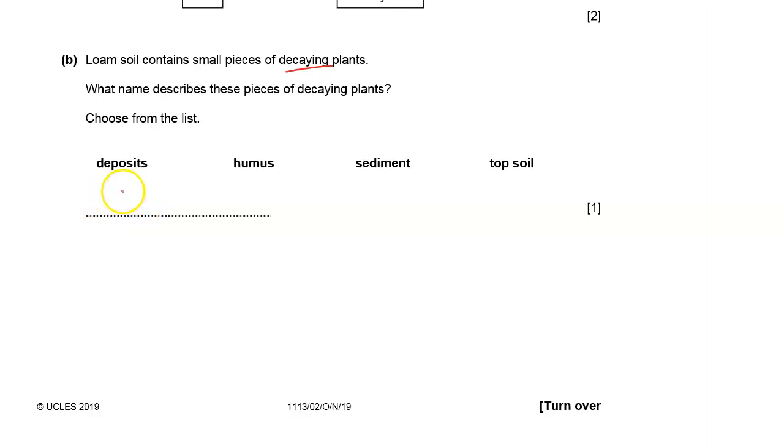The correct name is humus. So the pieces of decayed plants are called humus when they are found in loam soil. Of course, humus will make the loam soil more fertile.